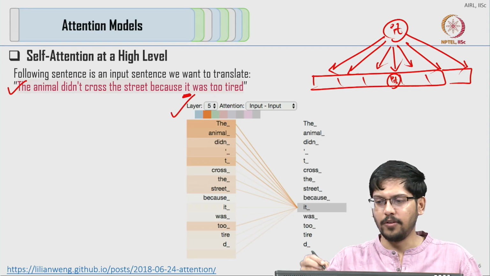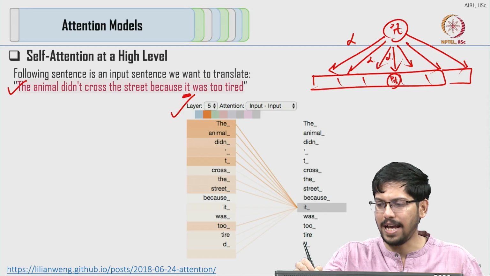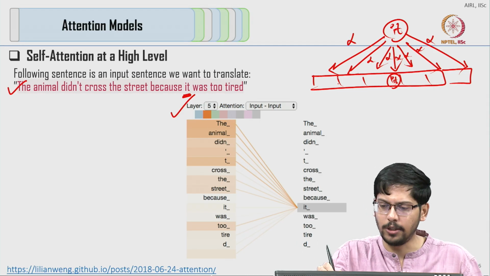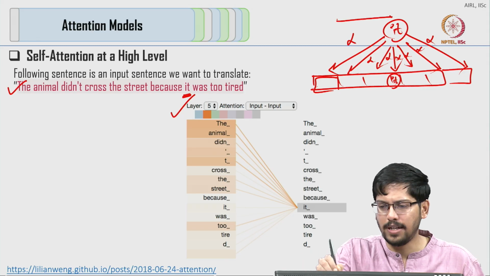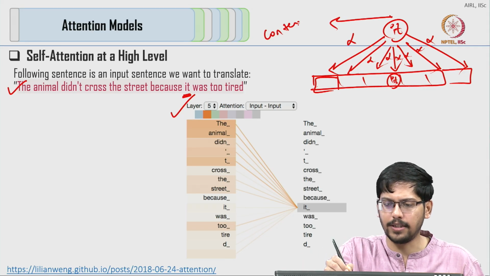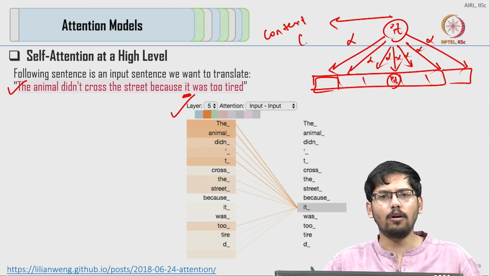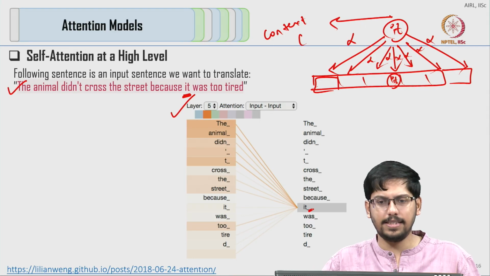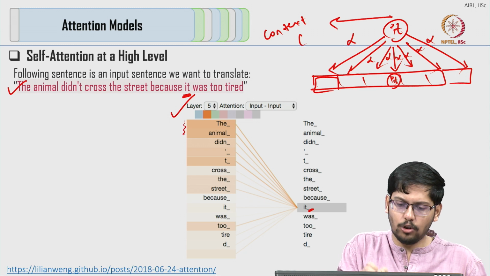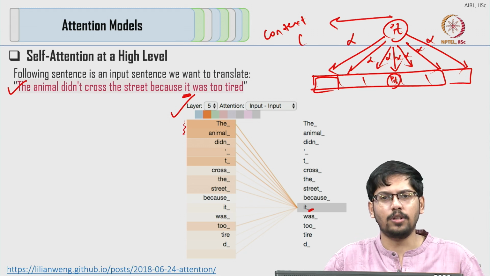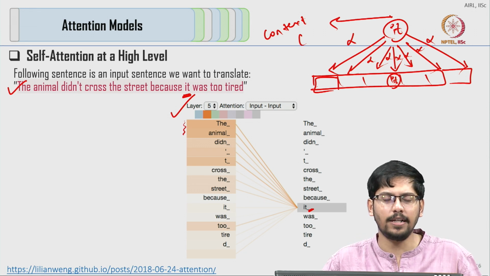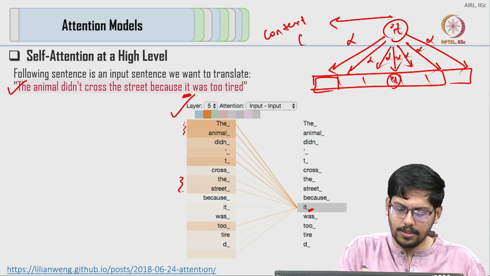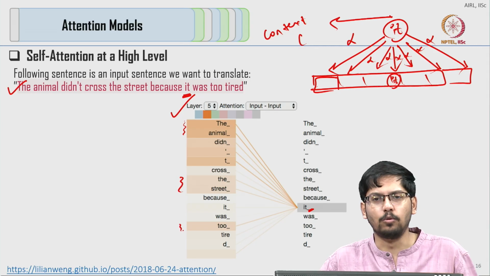We can do it using alpha, because we know that the better the alpha the more weight that particular input would get, and that would directly influence the context vector C. Now if we observe the input here, we do understand that the focus is more towards the animal. So the model is able to understand intuitively that "it" refers to the animal, or else it could be the street, or it could be too.